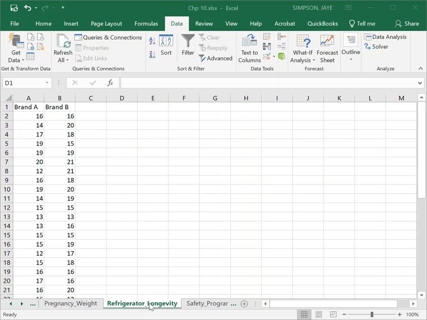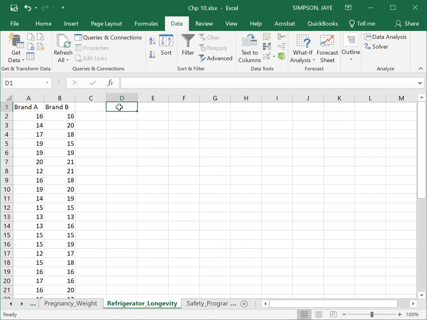So part A, first of all, asks us to specify the competing hypotheses to test whether the average life differs between the two brands. Let's first write out what our hypotheses would be. Just for the sake of expediency, I'm not going to write it out exactly correctly with the subscripts and the mus, because that's a little harder to enter.